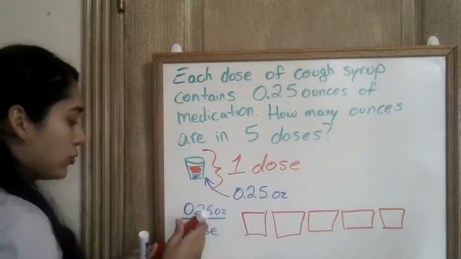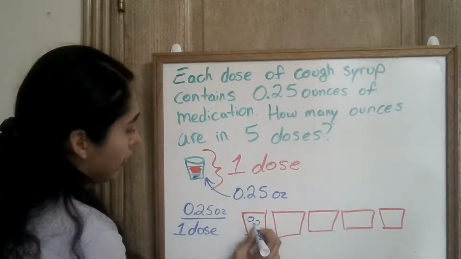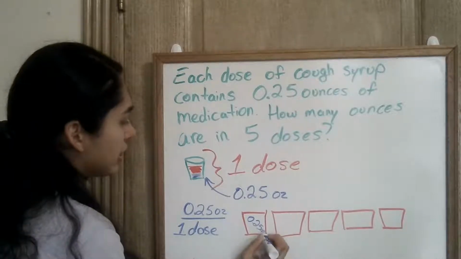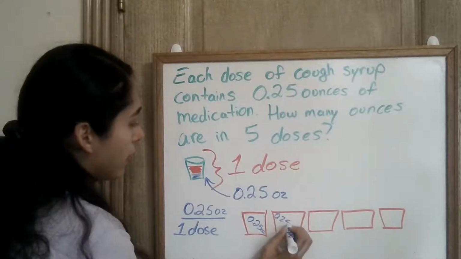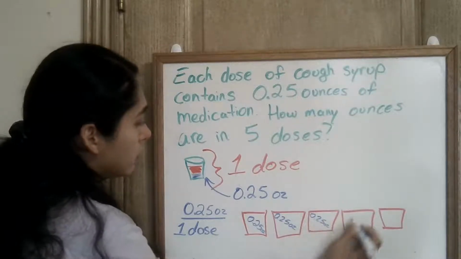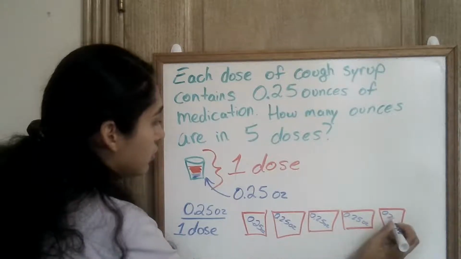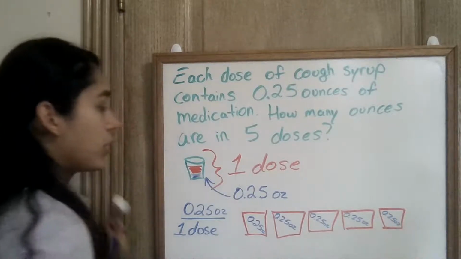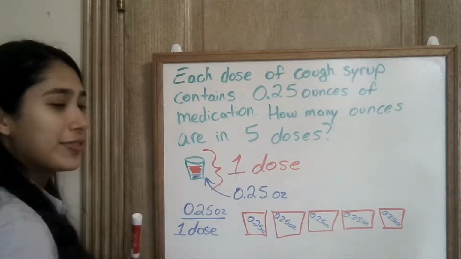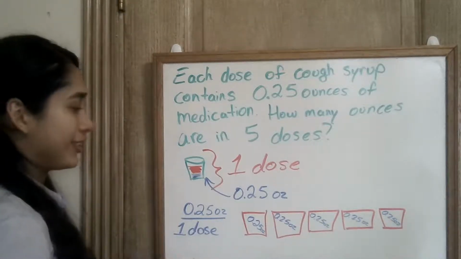And I know that each one has 0.25 ounces. And this is always just such a great way to see it conceptually. So we can just add 0.25 ounces 5 times, and we can be truly sure it is correct.